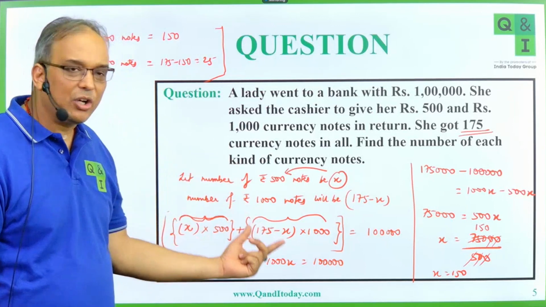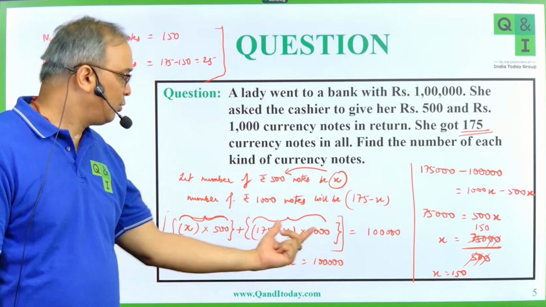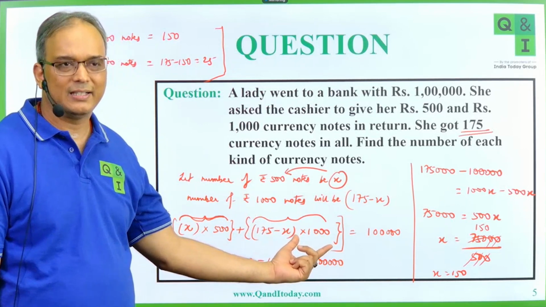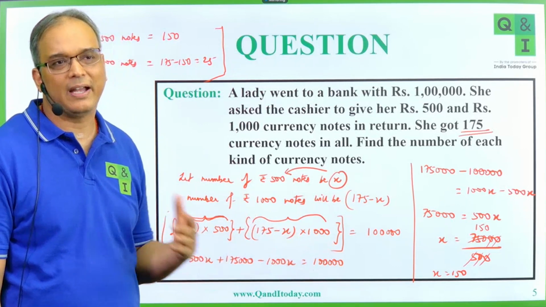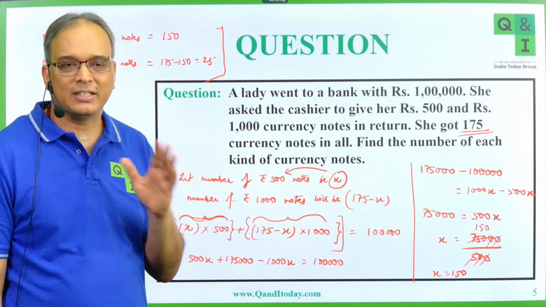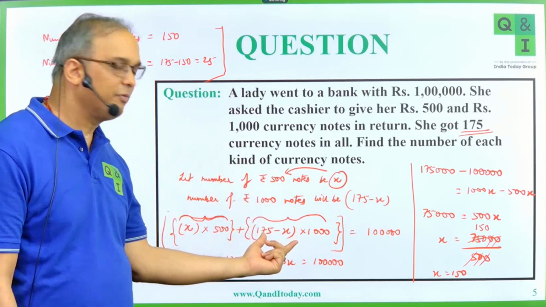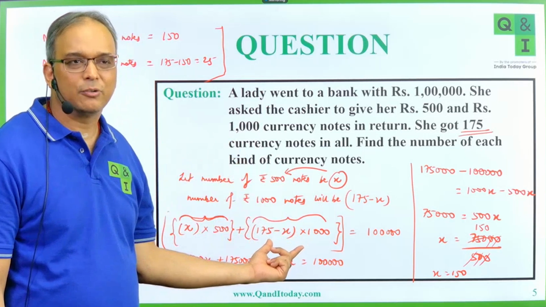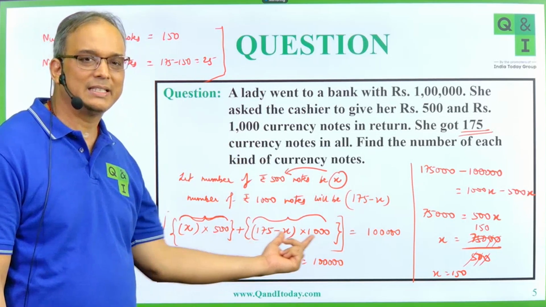If I have three notes of 1000, it will be 3 into 1000, that is 3000. So the amount of money of the 1000 rupee notes is 175 minus X into 1000.